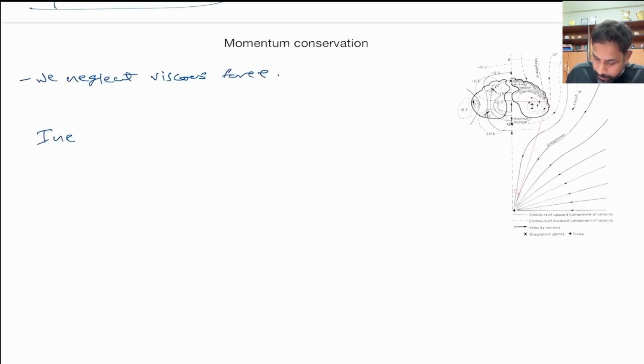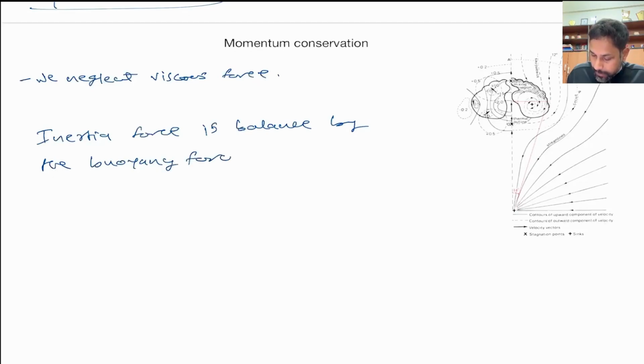So we will assume that inertia force is balanced by the buoyancy force.